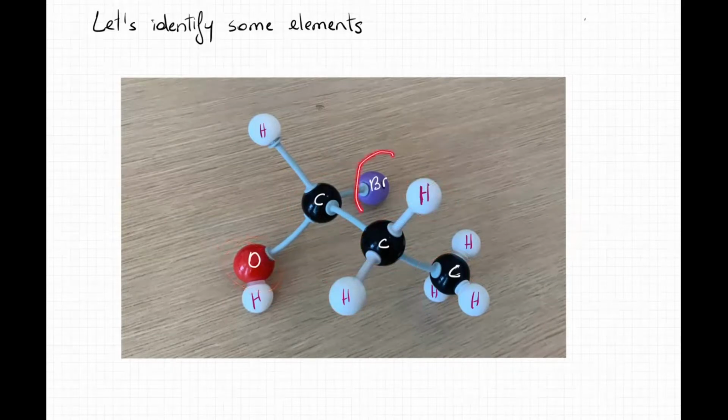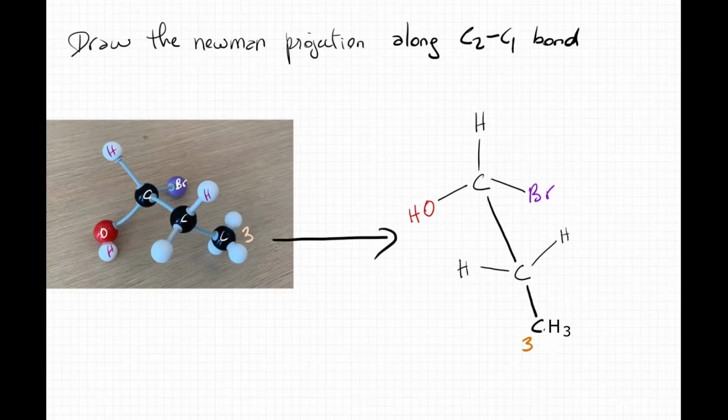But because I'm not sure about the bromine color, I just picked purple as bromine, but it might be different in your kit. Let's say the professor asks you to draw the Newman projection along the C2, C1 bond, carbon 2, carbon 1 bond. So first you need to number your carbon.